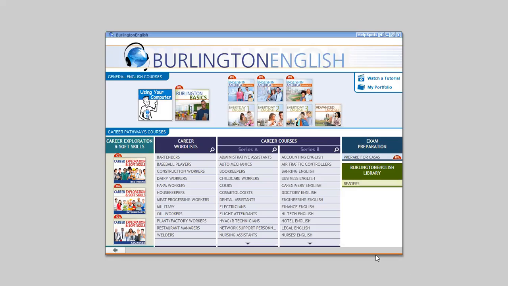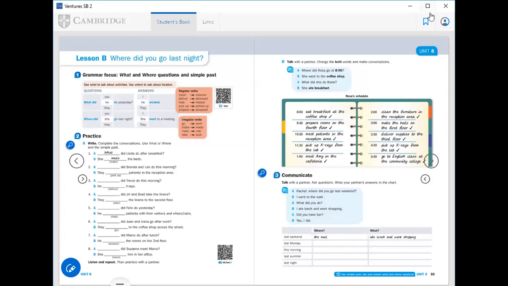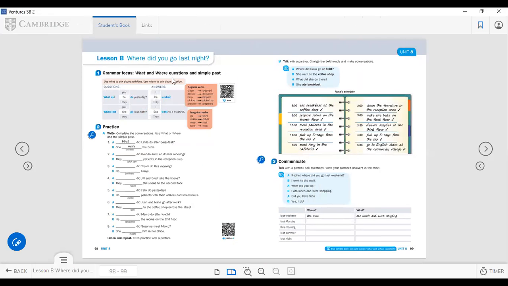For Ventures 2, the low intermediate level, I'm going to say that in my class I have been working in Unit 8, and the topic is work. In this unit, I have Lesson B, and the title is Where Did You Go Last Night? In this lesson, our focus is grammar: what and where questions and simple past.